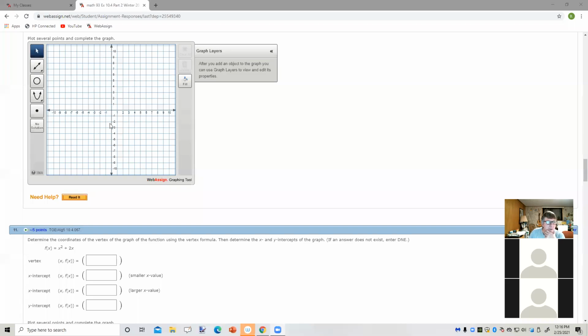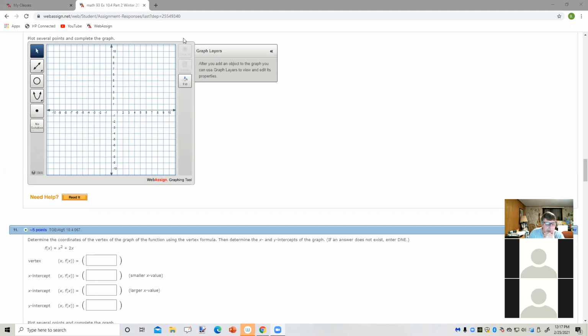So on the WebAssign screen, let's graph this equation y equals (x minus 4) quantity squared plus 3. We found out that the vertex was at (4, 3). And there was another point at (5, 4), I believe it was. Okay, I know it's all gone now, but here's what I'm going to do.